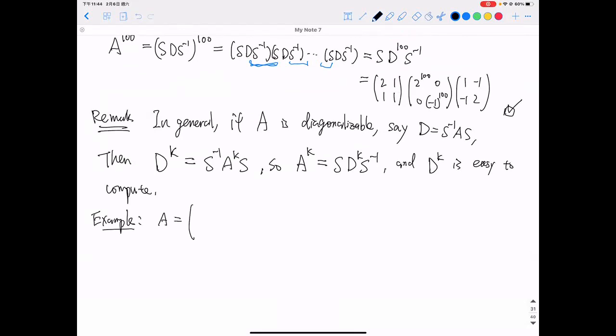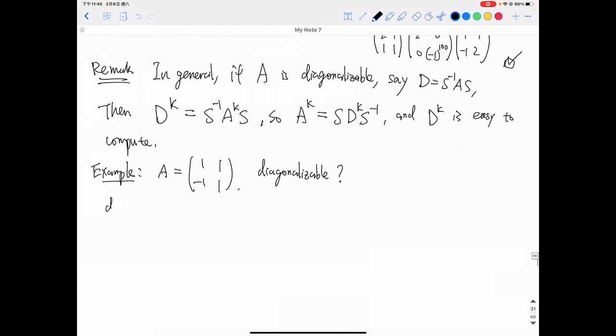Say A is [1, 1; minus 1, 1]. So again, the question is if it's diagonalizable. And for this, we will need to solve the eigenvalue problem. The first step is always the computation of the characteristic polynomial, which turns out to be t squared minus 2t plus 2.